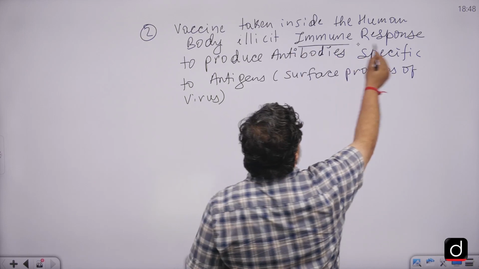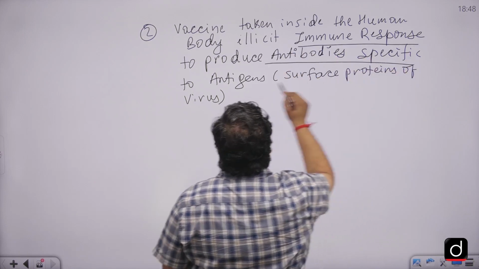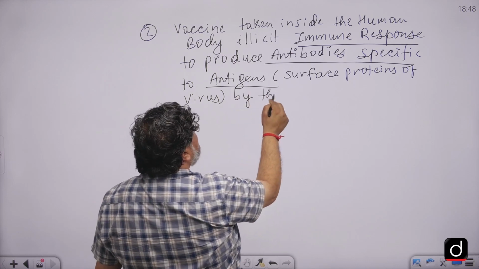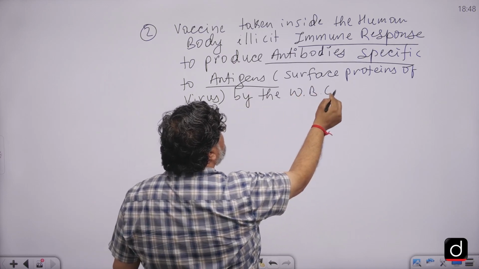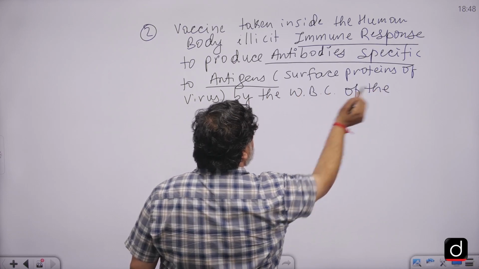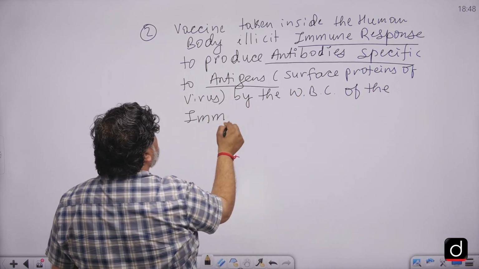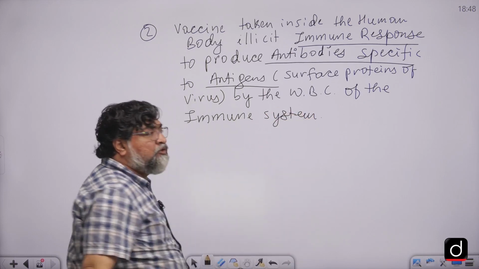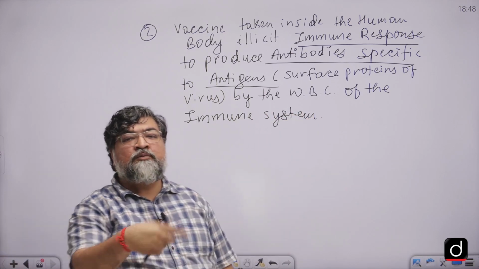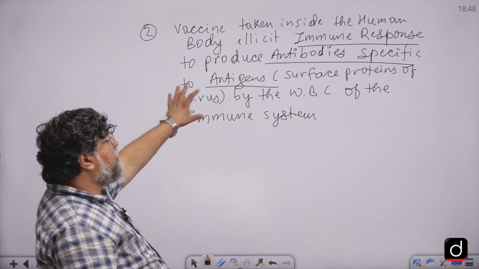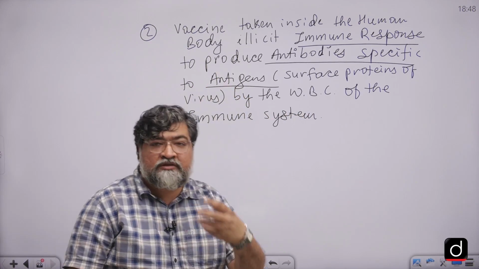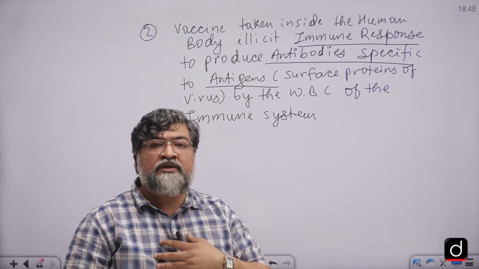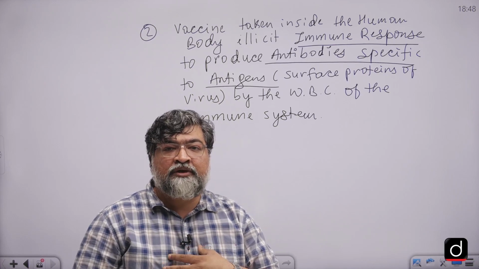You can even underline those kinds of sentences: antibodies specific to the antigens, the surface proteins, produced by the WBC, the white blood cells of our immune system. Once we take the vaccine inside the body, our WBC lymphocytes produce immunoglobulin, that is antibodies. Those antibodies are specific to the surface protein of the COVID-19 virus, and they are there in the body.